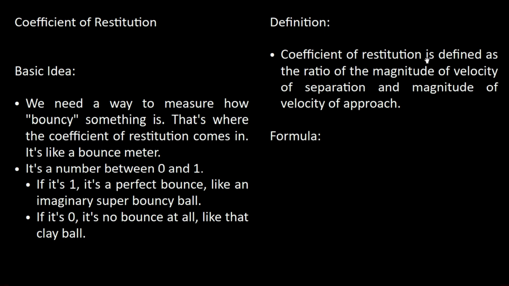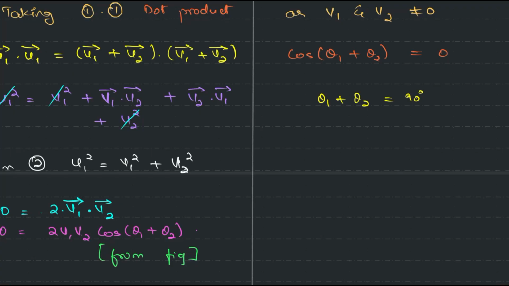As a definition, coefficient of restitution is defined as the ratio of the magnitude of velocity of separation and the magnitude of velocity of approach. Okay, so as a formula, we have done this before actually, as in relative velocity and stuff. So E is equal to, that's how we represent the restitution symbolically.